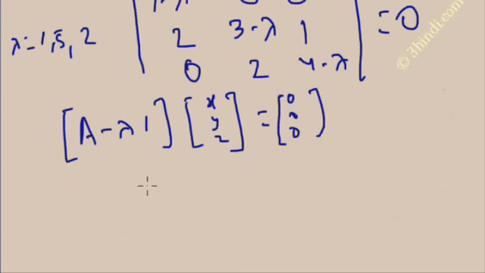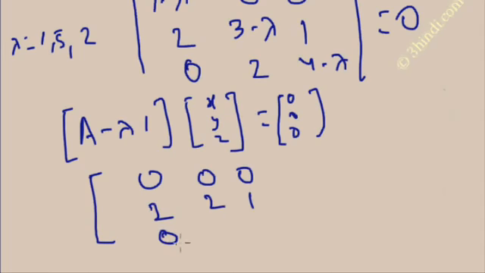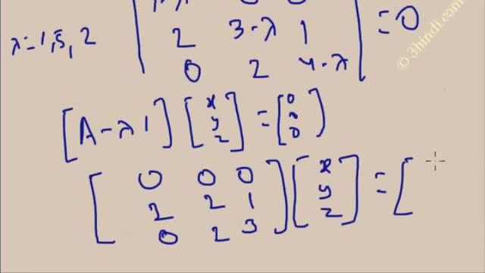The matrix becomes 0 0 0, 2 3 minus 1, 2 1 0, 2 4 minus 1 3, into x y z equal to 0 0 0.